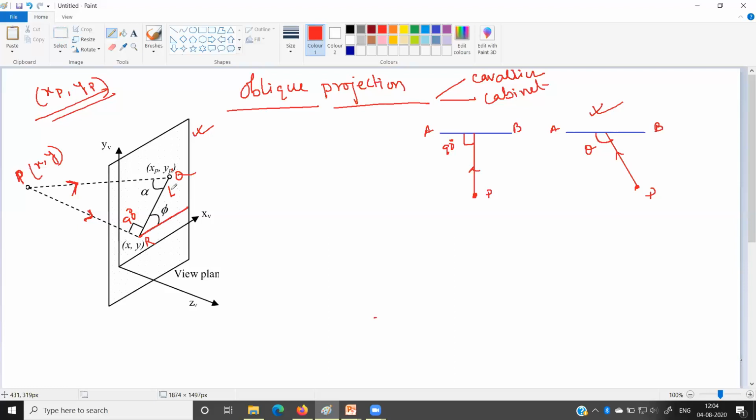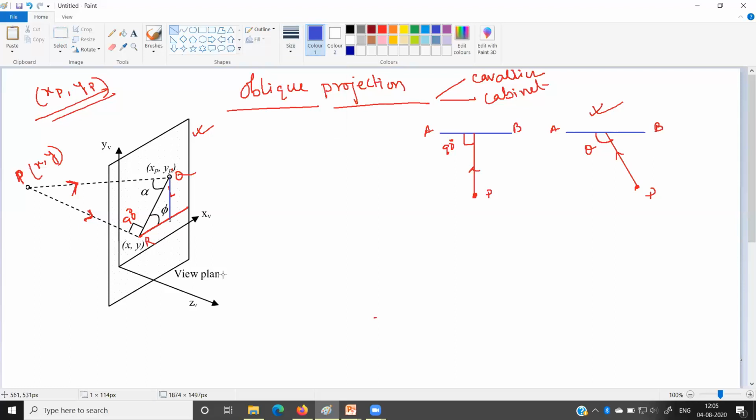Fine. Now, what is our XP? If we draw a perpendicular from the point Q on this line, so this is a line.